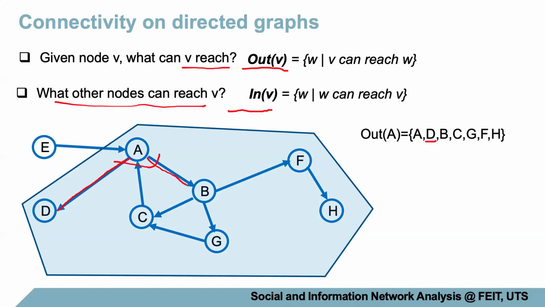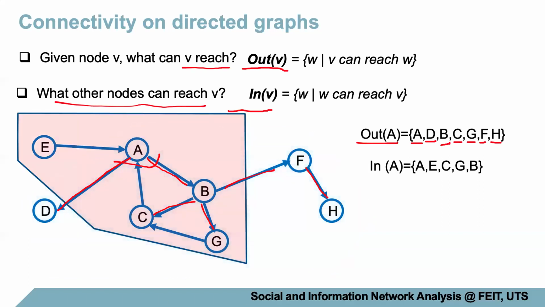A can go to B. B can go to C, to G, to F. Because A can go to B, that means A can also go to C, G, F through B. And of course, A can go to itself. And F can go to H. Then we have H here. So these are all the vertices that A can reach, which consists the outset of A.